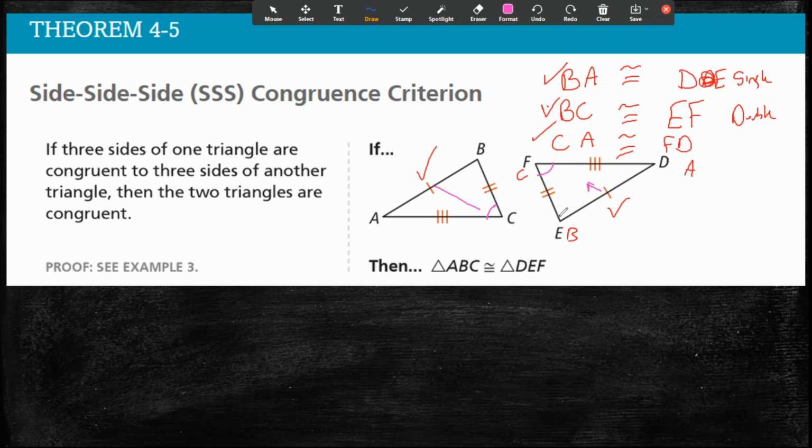So I'm just going to trace back. So like E was 3, B was 3. So I can say that angle B is congruent to angle E. And look, it's starting to come out just like we said it. Angle C and angle F are the same, just like we had them drawn.